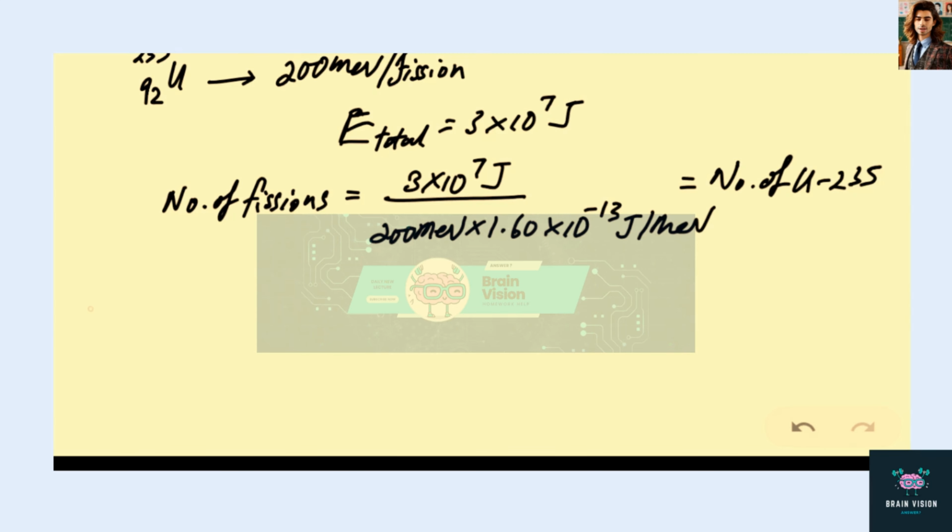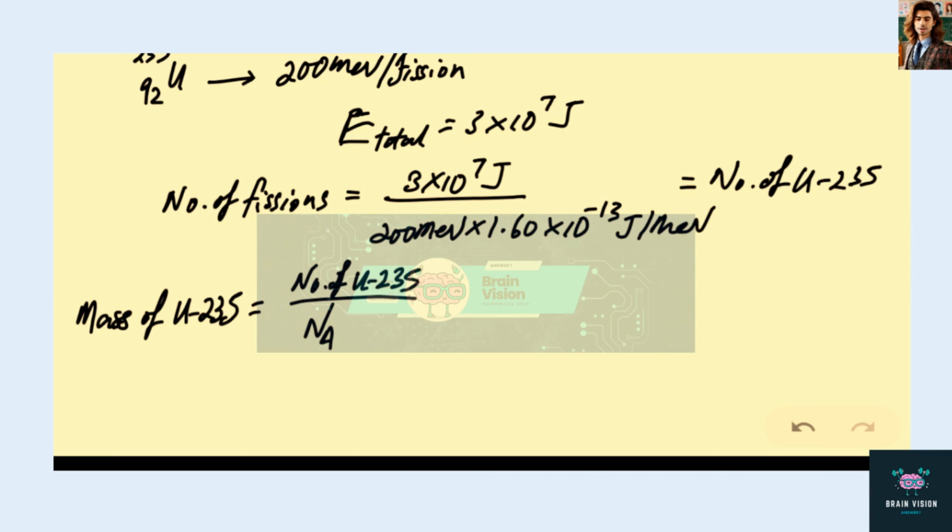So from here, we can find the mass of uranium-235 that's required. We just take the number of uranium-235, divide that by Avogadro's constant.